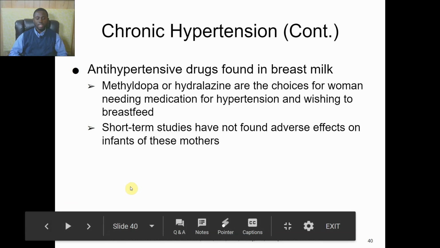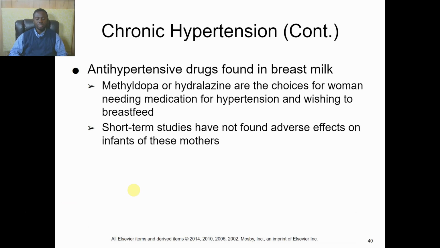Management of chronic hypertension include the use of antihypertensives. Some of the antihypertensives on the market can be found in breast milk, and so that will be detrimental to the fetus.